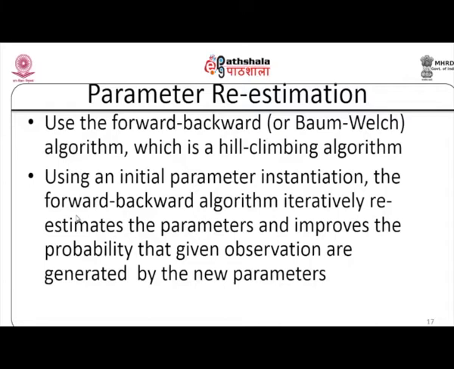The probability that this observation sequence is generated by this model is maximized. So, we take an initial model, find the forward and backward probabilities and the probability of the observation sequence, and then we change the model parameters such that the observation sequence probability improves and becomes the maximum. Okay. So, that is parameter estimation.